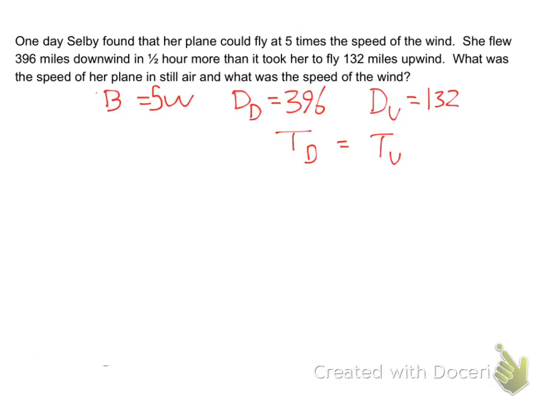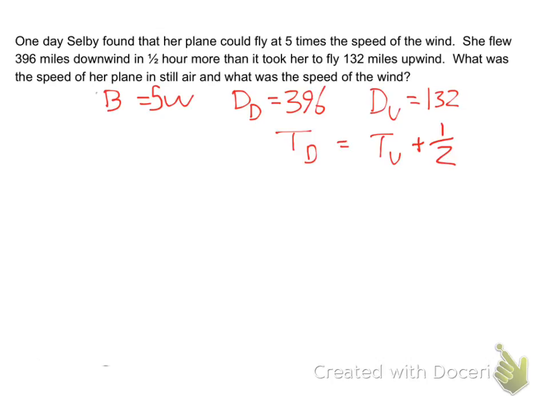So that means if I take upwind's time, I can do what to it to get downwind's? If I take upwind's and add a half an hour to it, I'll get how long it took her to go downwind. She flew downwind for half an hour more than she went upwind.